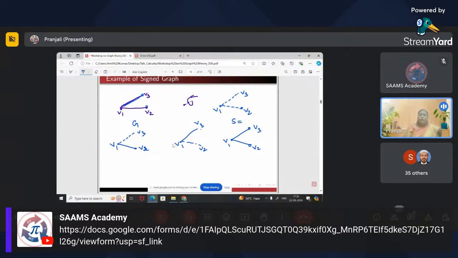So given a graph, we can construct many sign graphs on it. This is just a basic example to start with. How many functions can you define? If there are two edges, then both can be plus plus, or plus minus, or minus plus, or minus minus. These are the sign graphs on this particular graph, which is the path on three vertices.